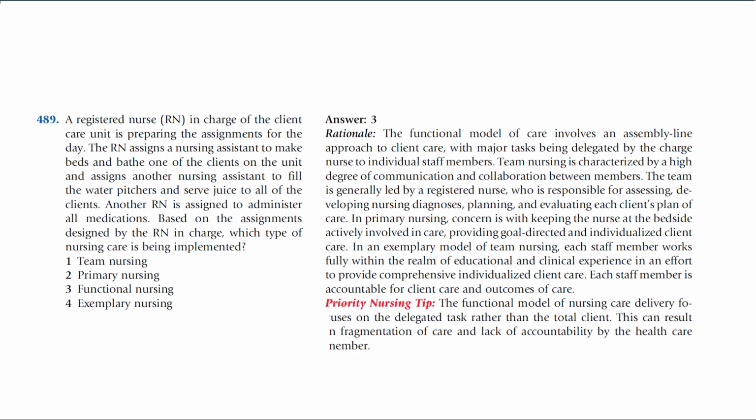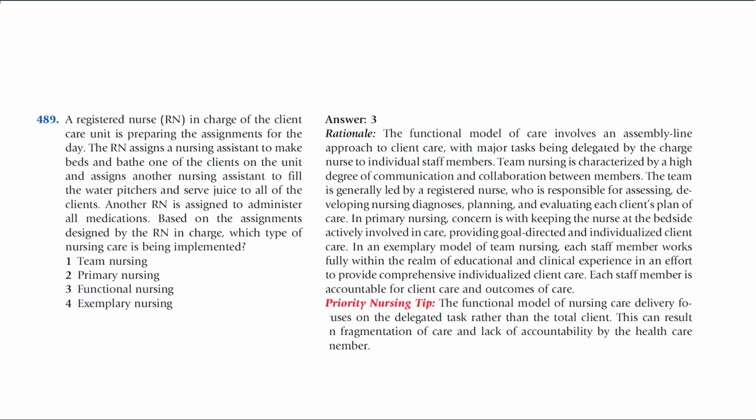Answer 3. Rationale. The functional model of care involves an assembly line approach to client care, with major tasks being delegated by the charge nurse to individual staff members. Team nursing is characterized by a high degree of communication and collaboration between members. The team is generally led by a registered nurse, who is responsible for assessing, developing nursing diagnoses, planning, and evaluating each client's plan of care.